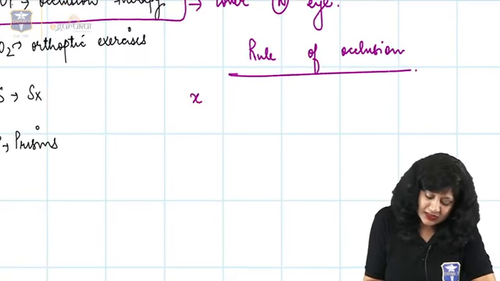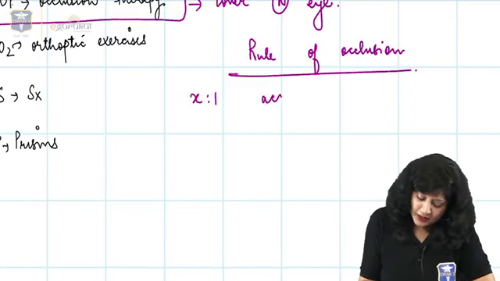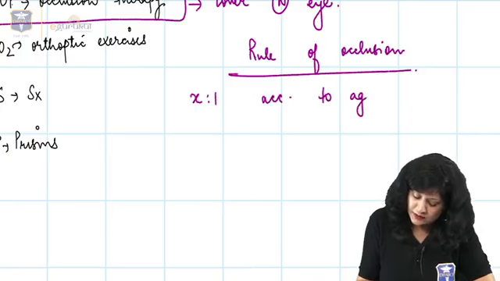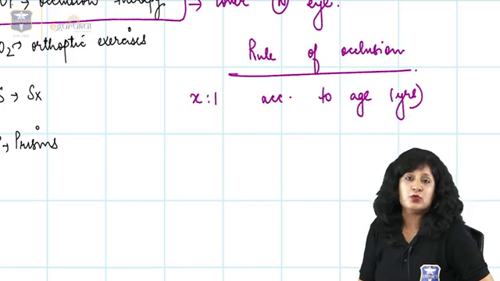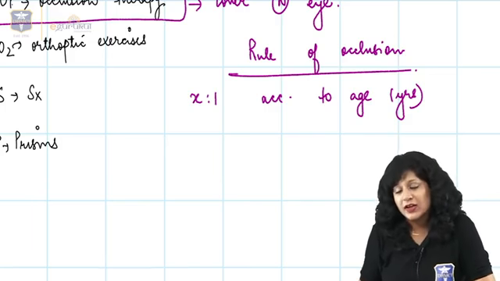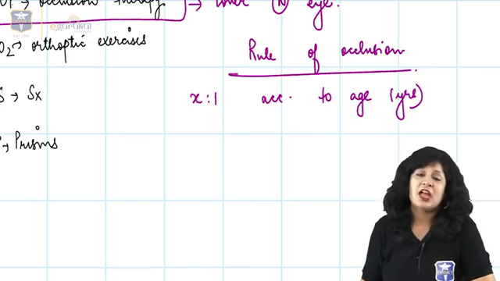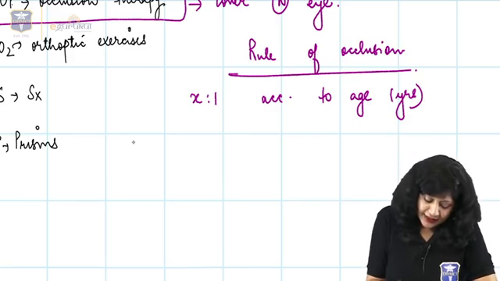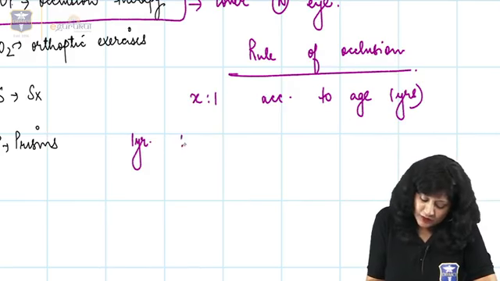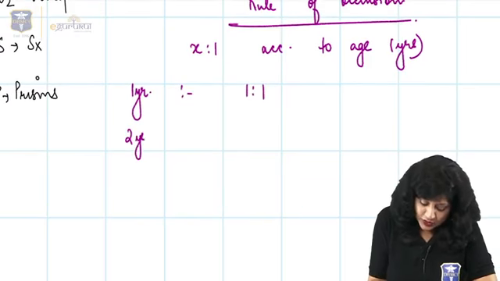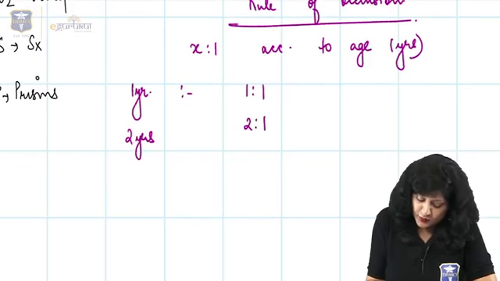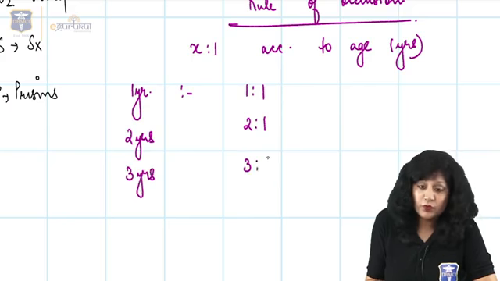It is x is to 1 according to the age of the child in years. So at 1 year of age, we follow 1 is to 1. At 2 years of age, we follow 2 is to 1. At 3 years of age, we follow 3 is to 1.